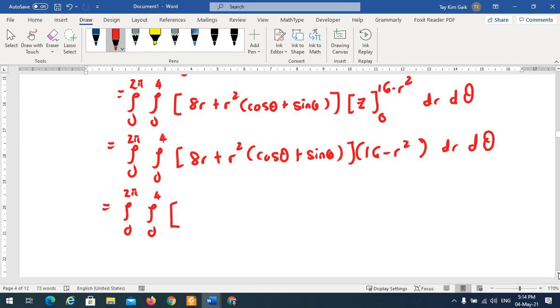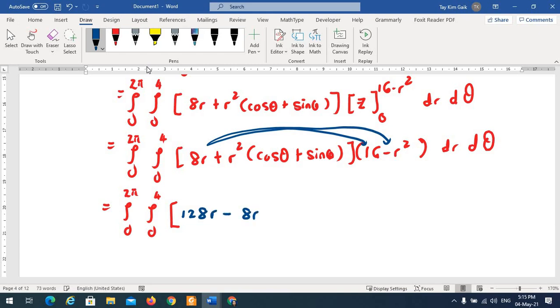So you slowly expand it: 8r times 16, 128r. Then 8r times negative r squared, so negative 8r cubed.